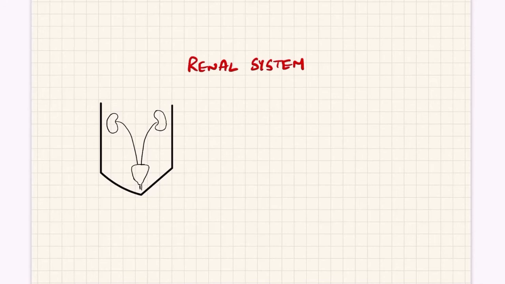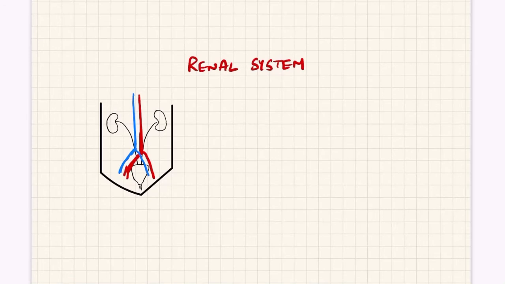Now this is your aorta. This is your descending abdominal aorta, which splits into your iliac arteries. And this is your inferior vena cava, that is the IVC, that receives blood from your iliac veins. Now notice that the aorta is on the left side and the IVC is on the right side of the body.